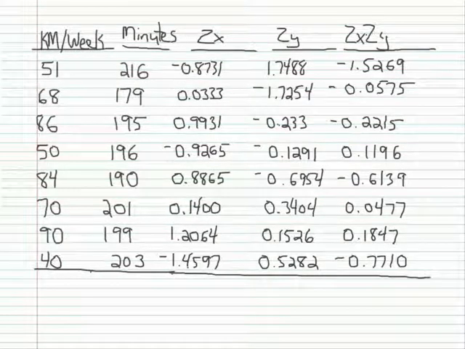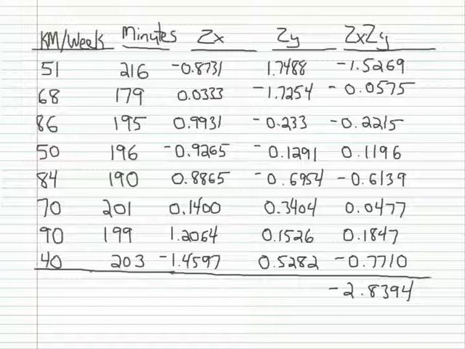After multiplying the two z-scores, what I need to do is add them up. When I add up this last column, I get negative 2.8394.